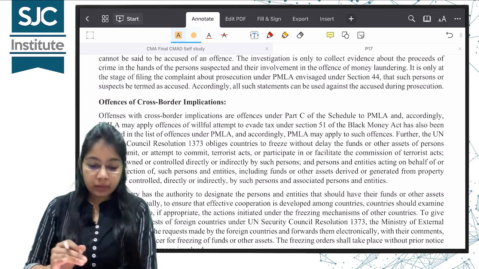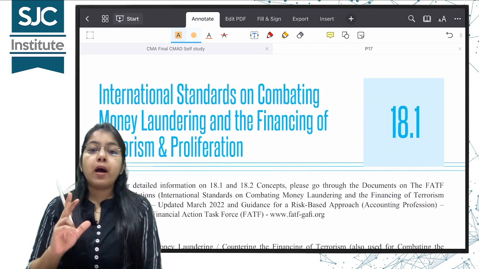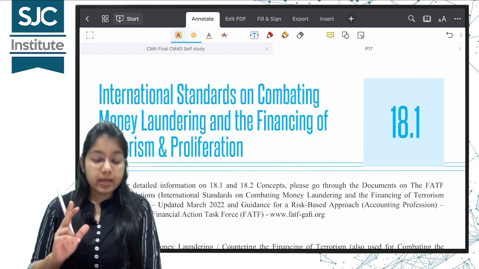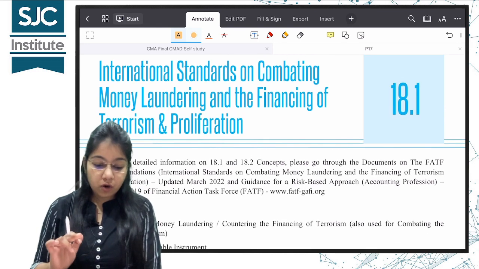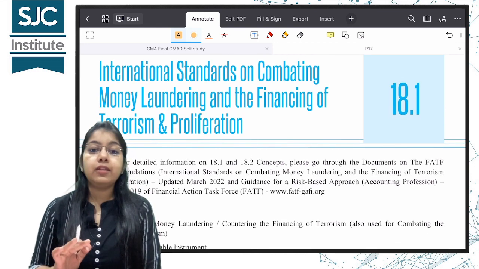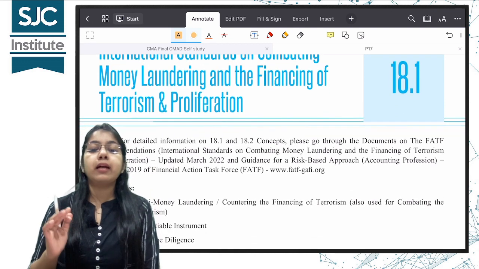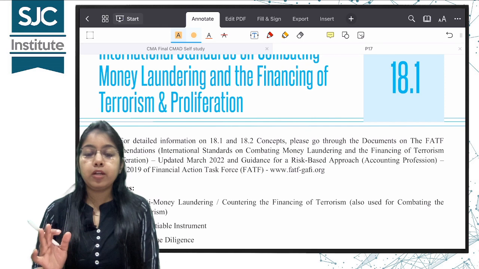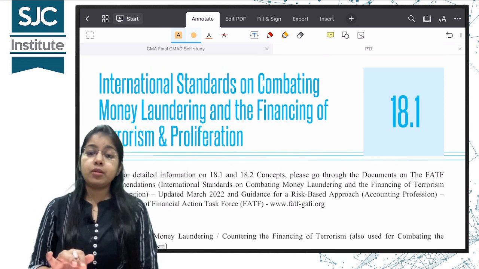Is it clear? Okay, now guys, there are another two parts of this chapter which is there in your institute study material. You will just see international standards on combating money laundering and the financing of terrorism and proliferation, and then there is a guidance note for combating money laundering for the accounting profession, risk based approach for the accounting profession.